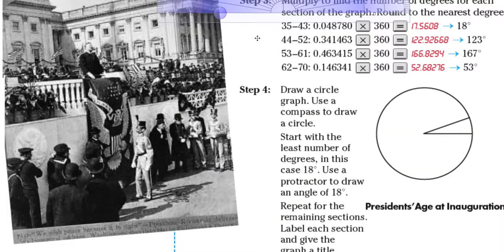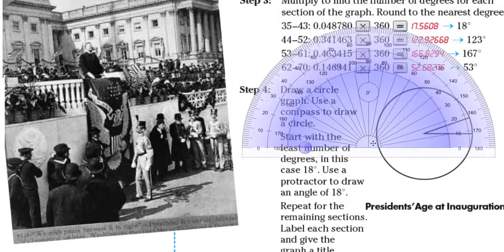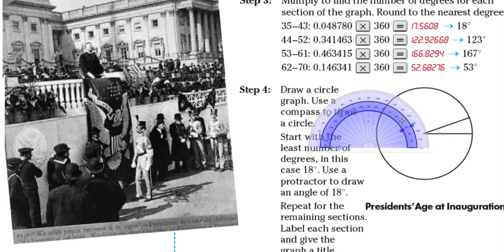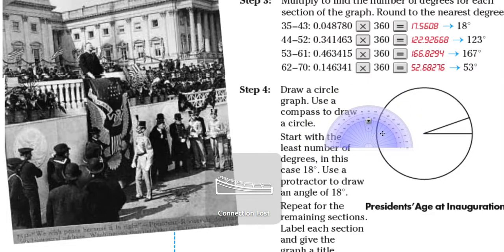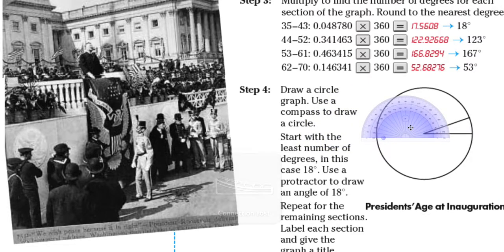Remember this is 18 degrees. That's our center right there. See, it's close enough to 18 degrees. And then from there, get your protractor, move your angle this way, and find 53 degrees from the zero.